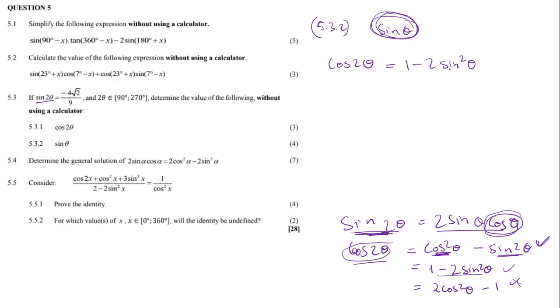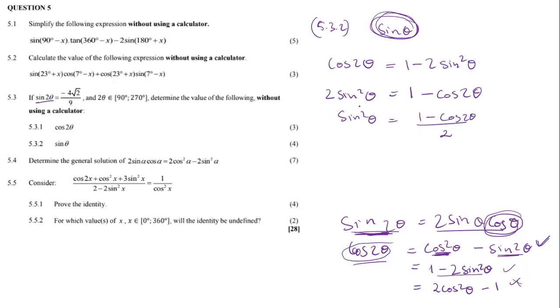So let us make sine squared theta the subject of the formula. I'm going to take the 2 sine squared theta to this side, I leave my 1 here, and then I take the negative cos 2 theta to that side. Then I divide both sides by 2. Sine squared theta equals 1 minus cos 2 theta, divided by 2.